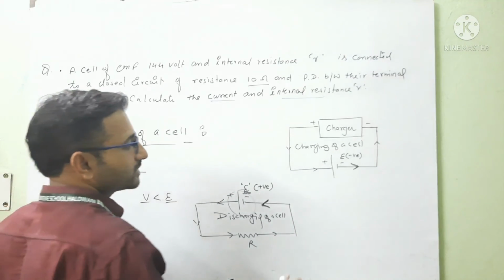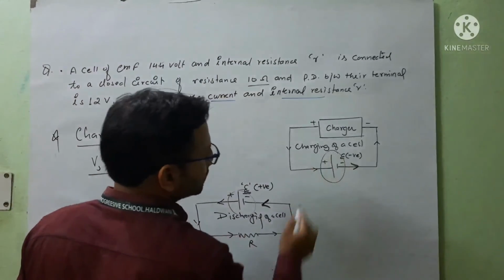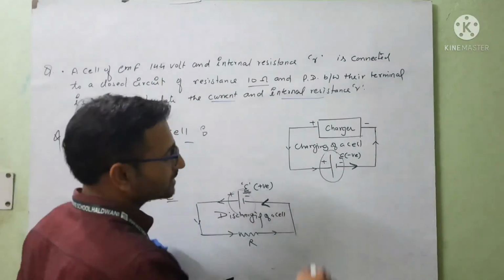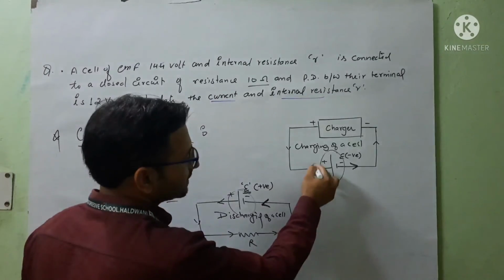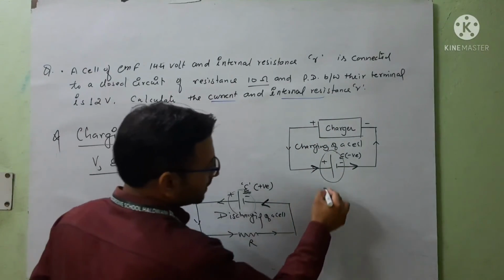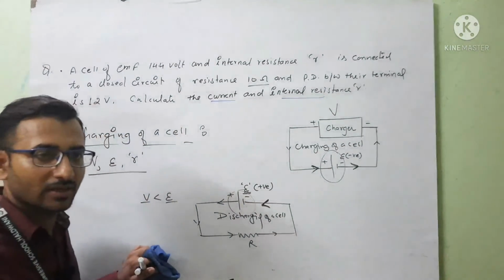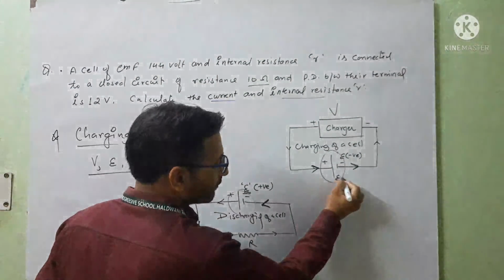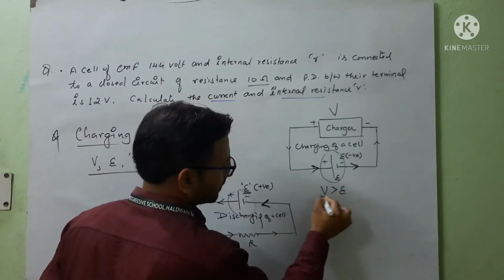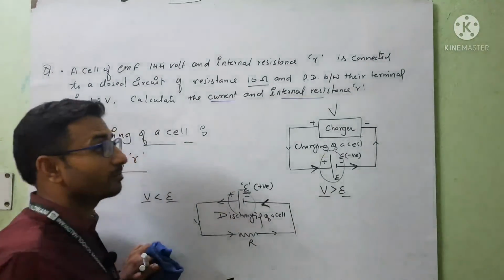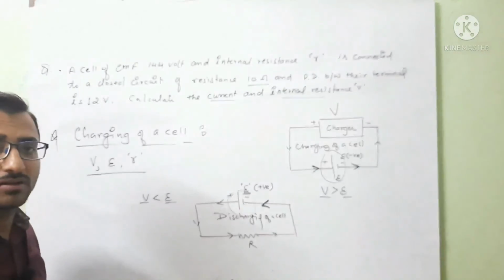But in case of charging, it will store charge, meaning we are charging the cell through the battery. At that time the terminal potential difference is greater than the EMF of the cell, and then this cell will charge.